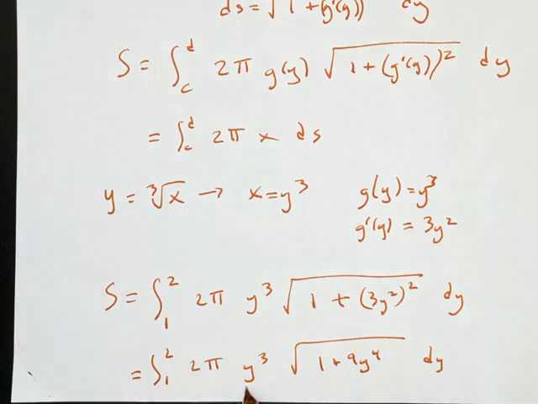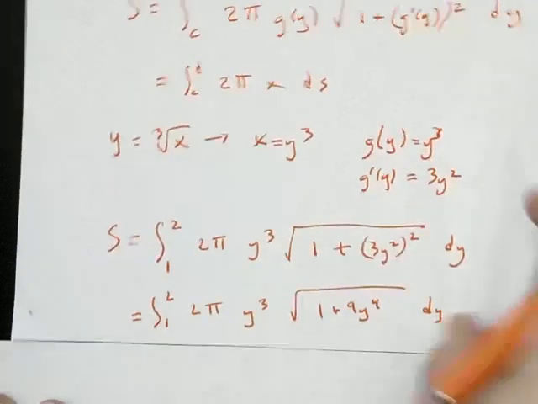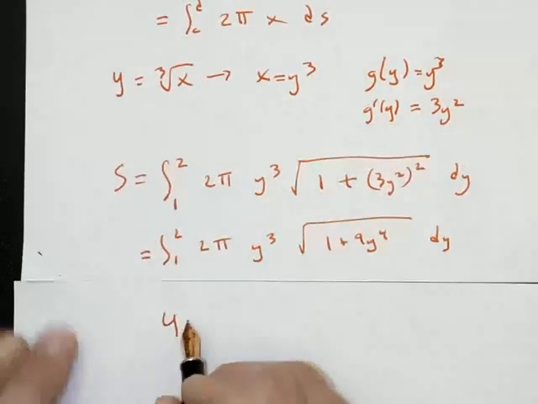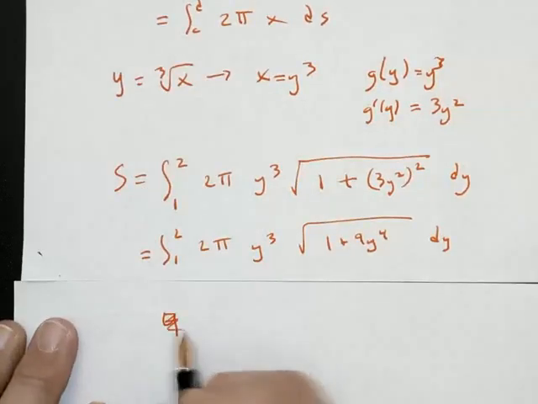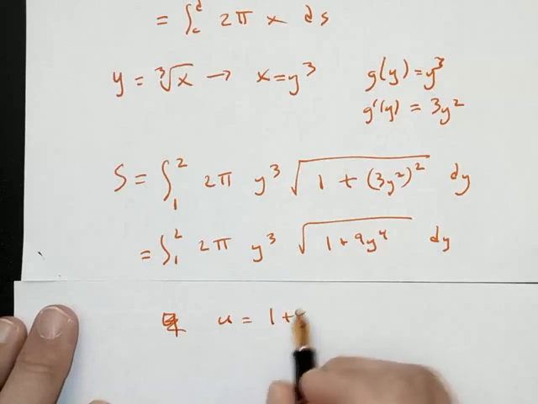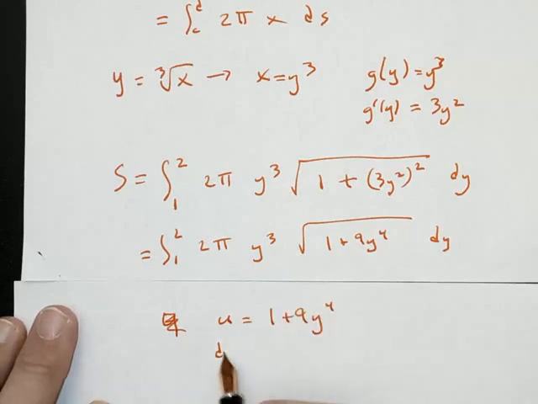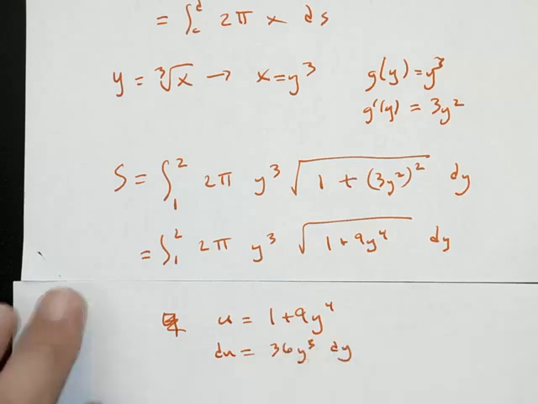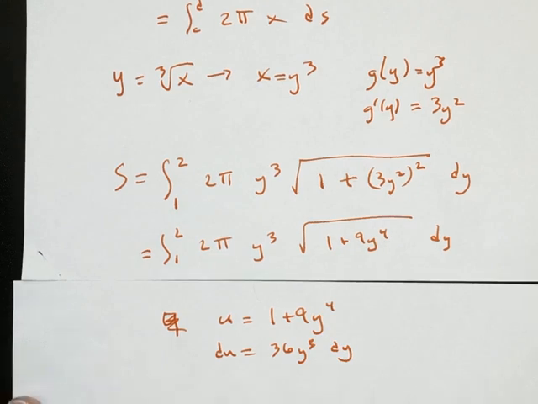Hey, y to the fourth stuff with a y cubed outside. What do I have sitting in front of me? A u sub. But I'm missing the 36, right? So I'll get a 1 over 36 in the problem.